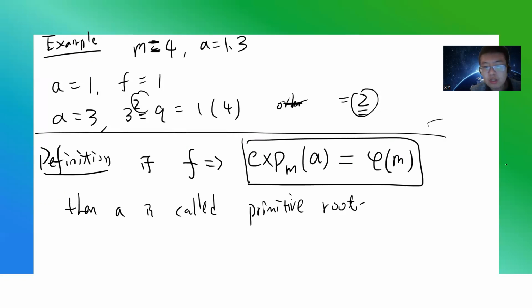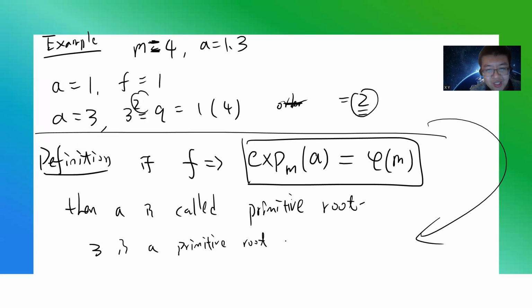From this example, we immediately see that 3 is a primitive root of 4.